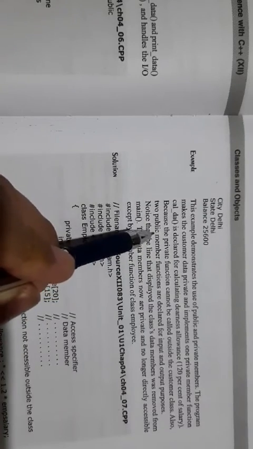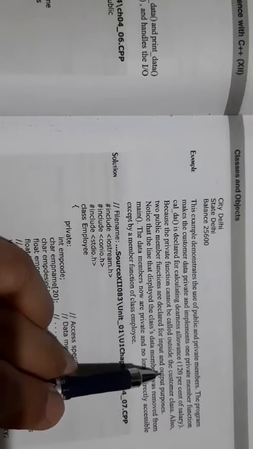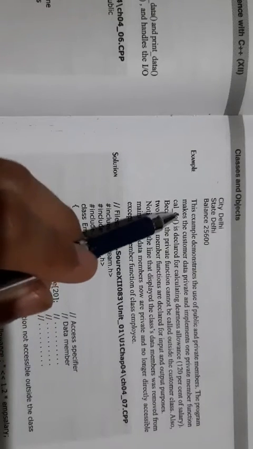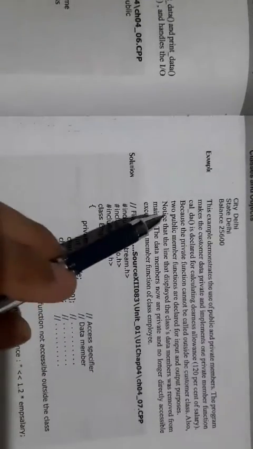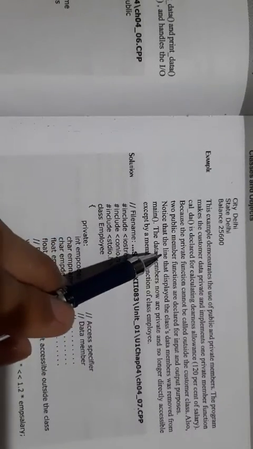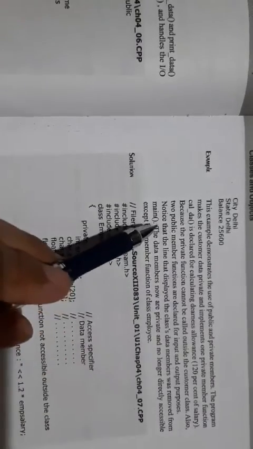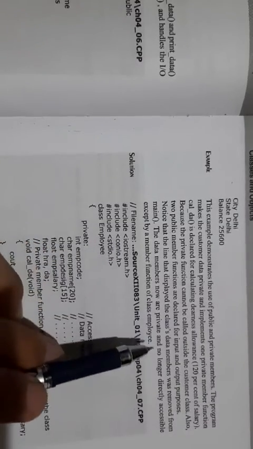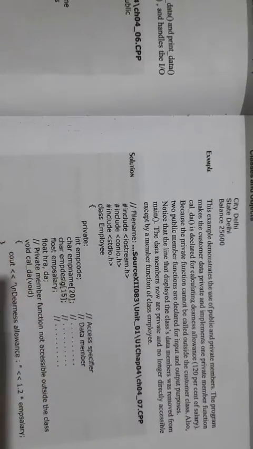The two public member functions, one will accept the input data and one will display the output data after processing using these private member functions, okay. So notice that the line that displays the class data members was removed from main. Now the data members are private and no longer directly accessible except by a member function of class employee. Now again we come back to the class employee.